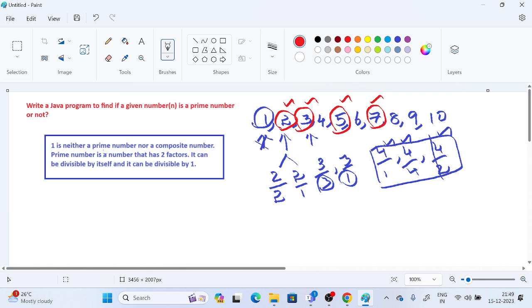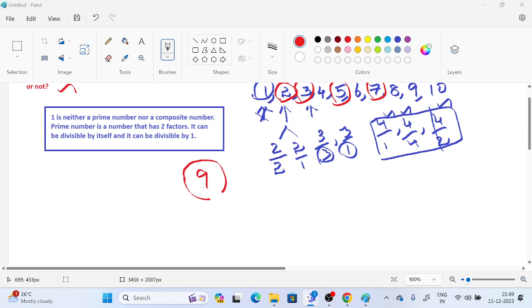Right? The question is: write a Java program to find if a given number n is a prime number or not. Let us say that they have given a number like 9. I want to write a program to check if the given number 9 is a prime number or not. So first of all, how do I approach this problem? I have a 9.